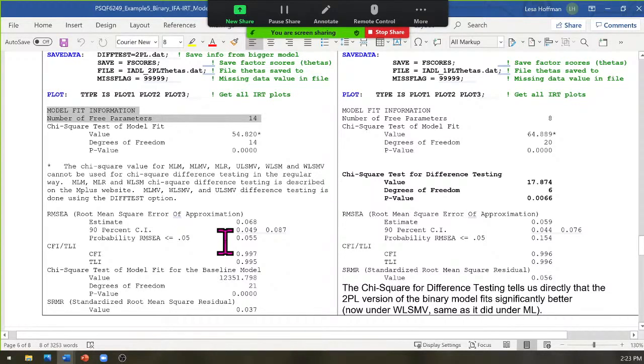Where does the summarized data come from? Does it spit that out and then save it, or is that something you do manually? You said the input file for DIFFTEST is a summary of your data? No, it does it for you. Okay. So when you ask it to do WLSMV, the first thing that it's going to do is estimate a tetrachoric correlation matrix from the data.